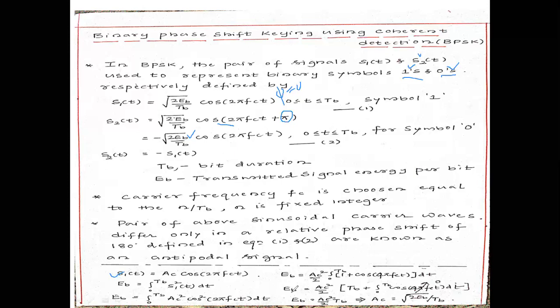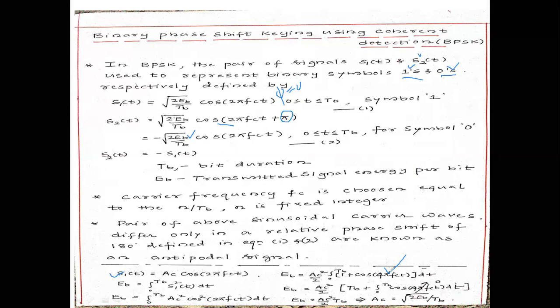That 1 by 2 I combine with Ac square, so Ac square by 2, then integration 0 to Tb of 1 plus cos 4 pi fct dt, right? The integration of 1 is t, and applying the limits Tb minus 0, you will get Tb.